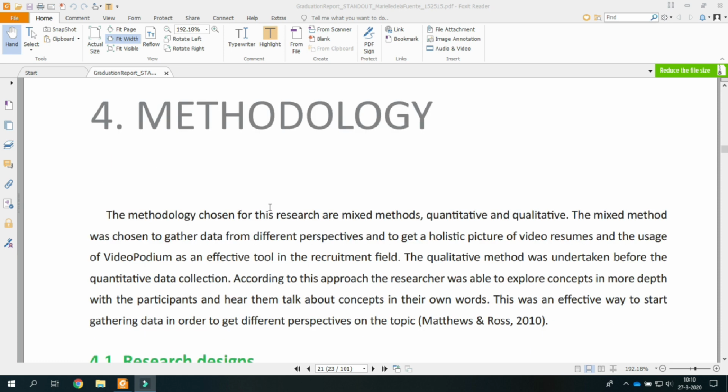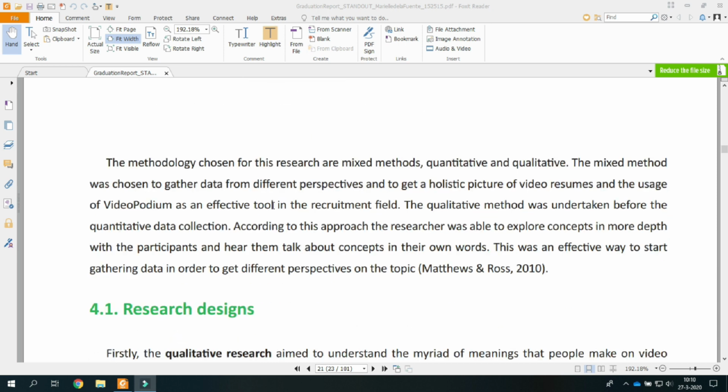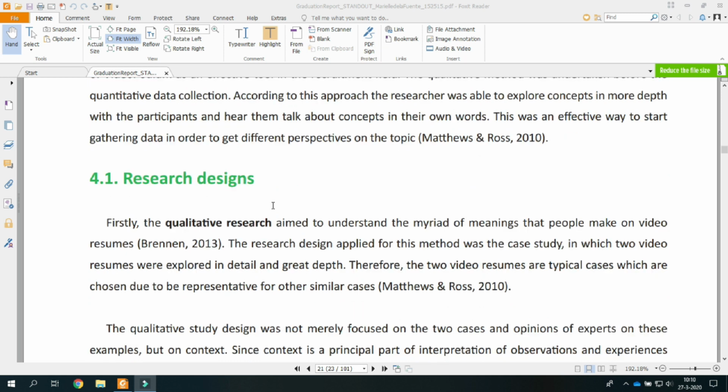Next to that, she has her research questions, she has her theoretical framework, she has her introduction. Now she has to define, how do I obtain my data? What should I do? How should I get results which are usable for my company? Firstly, she's doing qualitative research aimed to understand the myriad of meanings that people make on video resumes.